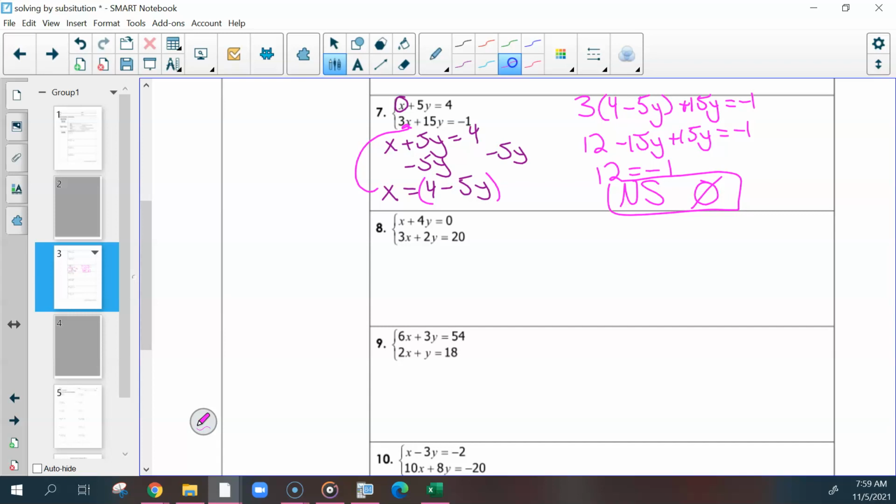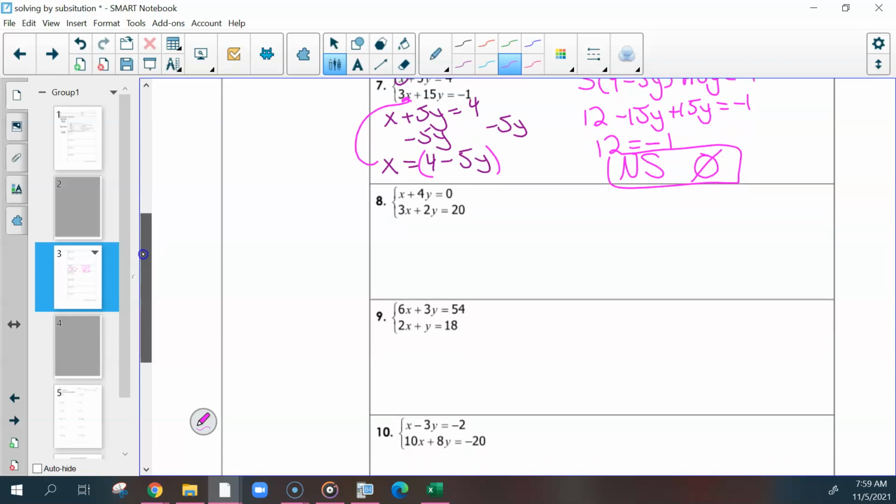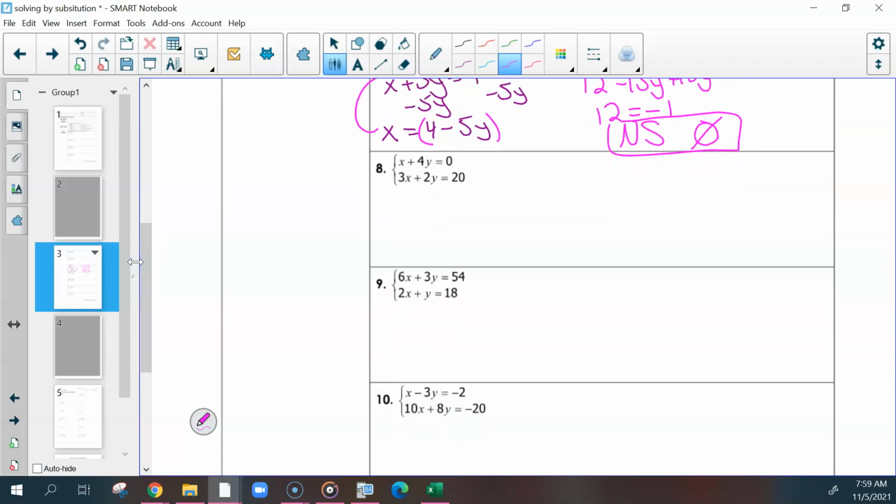Do we have any questions on that one? Let's do number 9. Same thing. In these two equations, I see this y by itself, so that's what I'm going to solve for, get that by itself.